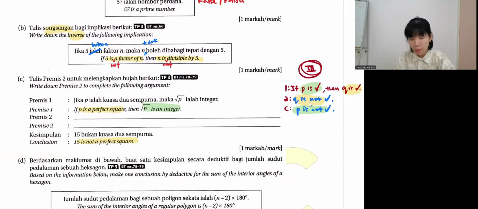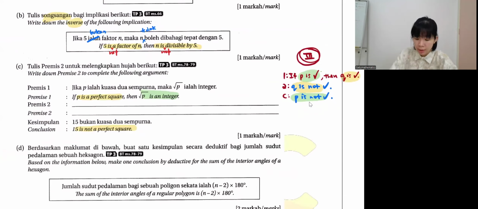So now can you tell what is premise 2? What should we write? The conclusion says 15 is not a perfect square. So P is a perfect square, and they say 15 is not, bukan. So premise 2, we have to write the thing at the back first. They say is an integer, we say is not. But we have to change the P to something else. To what?